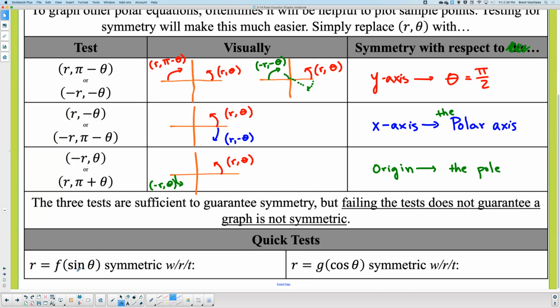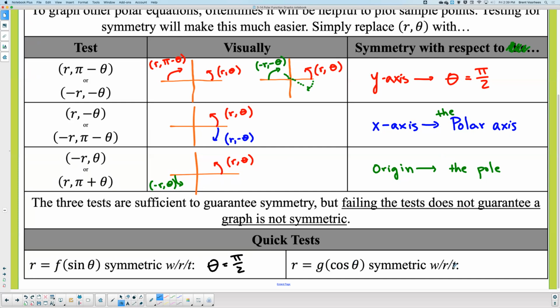But if one test fails, it doesn't mean it's not actually symmetric at all. Quick test. If you have sine, what do you think sine will always have symmetry with respect to? What represents the y on the polar axis? Theta equals pi over 2. Good. What about cosine?